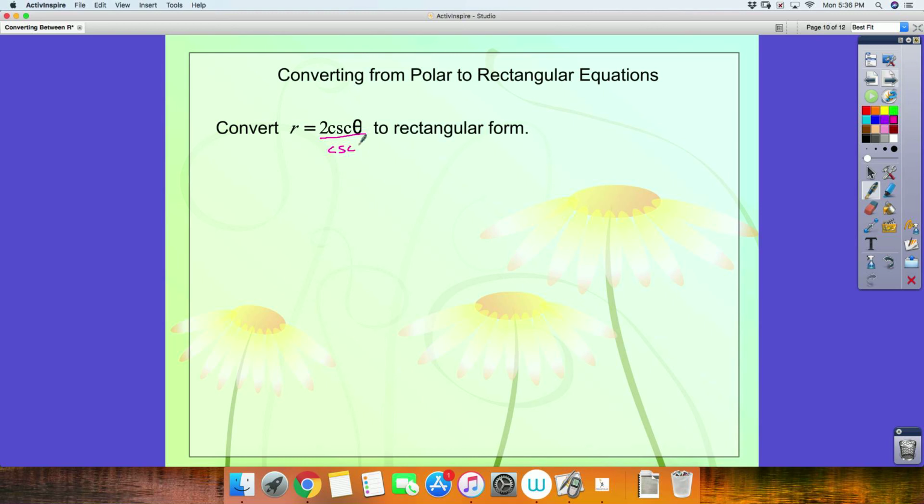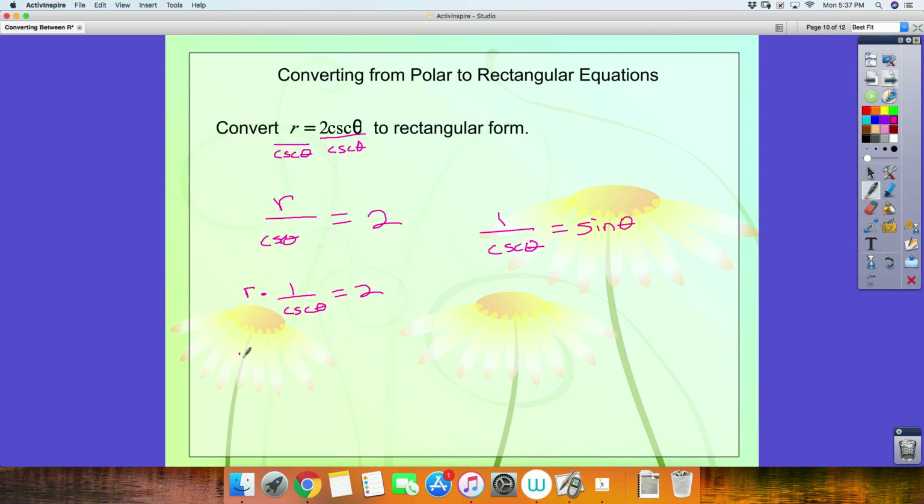Just like last time, when I divided by secant, this time I'm going to divide by cosecant theta. So now I have r over cosecant theta equals 2, or r times 1 over cosecant equals 2. Using our inverse identities again, I know 1 over cosecant theta is equal to sine theta.